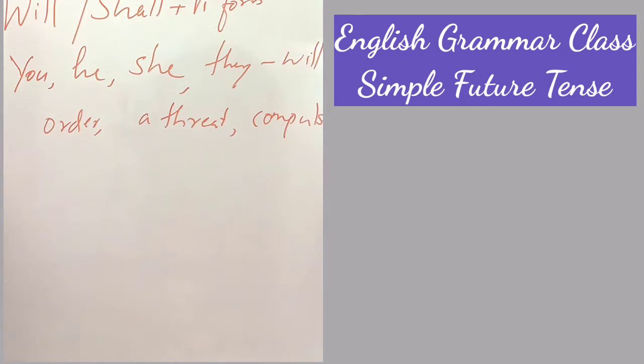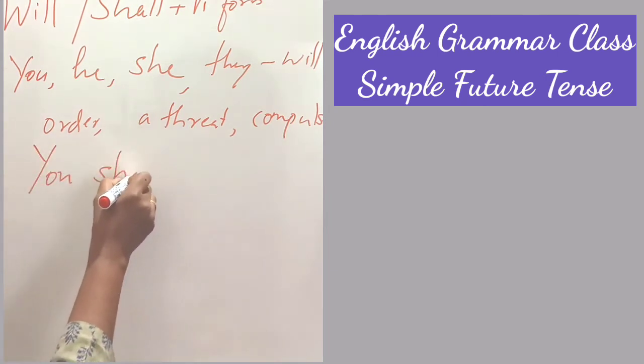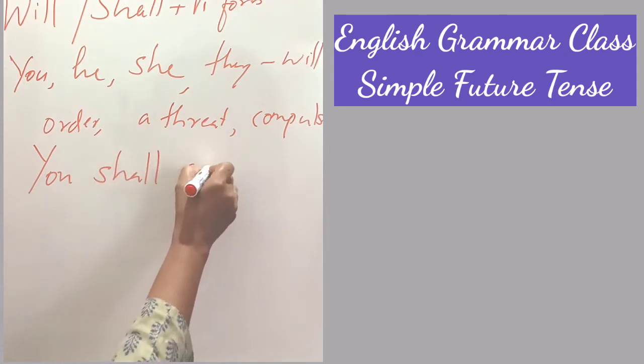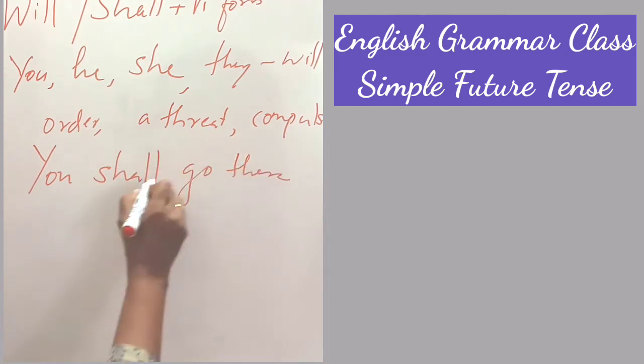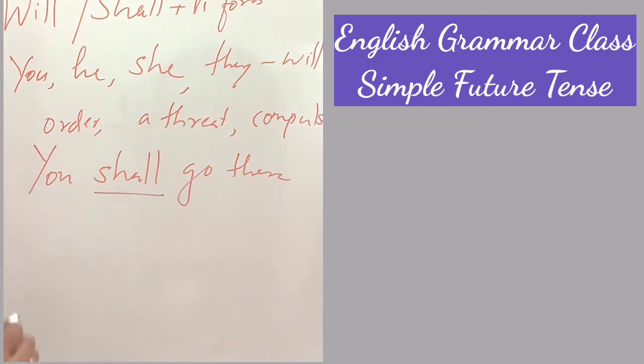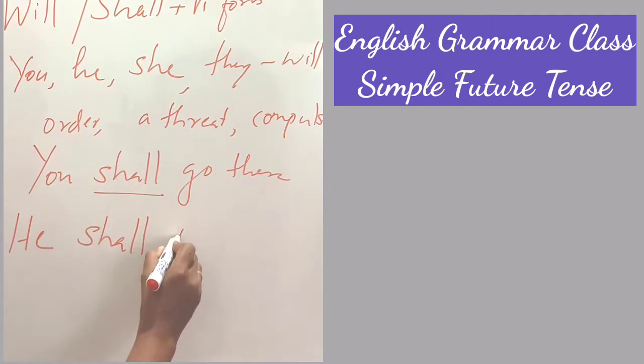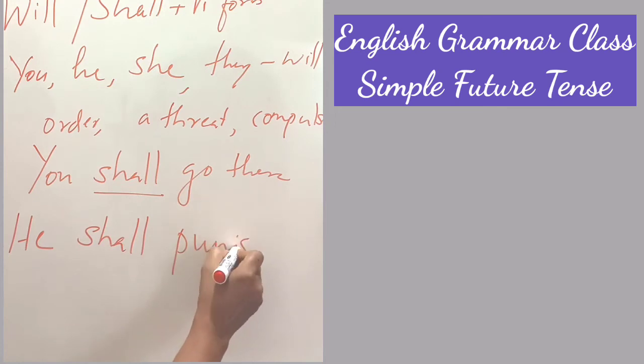Examples: You shall go there. It is an example of an order. Then, he shall punish you. It is a threat. He shall punish you.